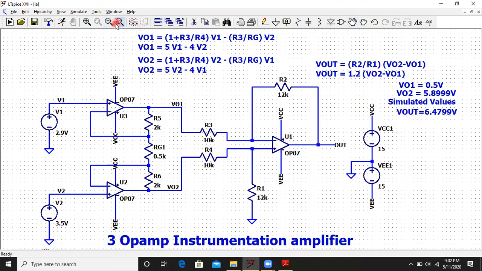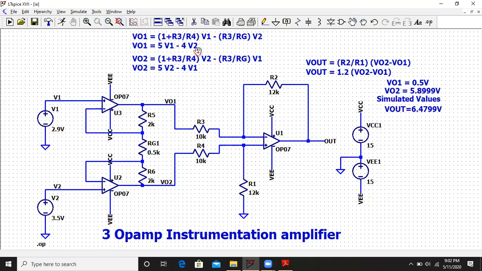Now let us check with the formula. So formula we have VO1 as 5 times V1 minus 4 times V2 as per the resistor values. So 5 multiplied by V1 is 2.9 and minus 4 times V2, that is 3.5. So if you work out this value inside the calculator, you will get it as 0.5 volts.